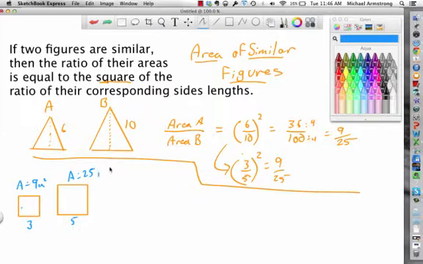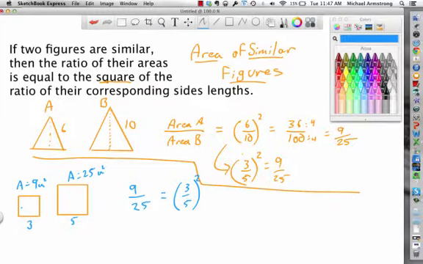Okay, so we have the same thing, but we're going to use our areas, which ended up being 9 over 25. And we're going to see if it's the same as taking our sides, which is 3 over 5, and squaring them. Does that make sense?